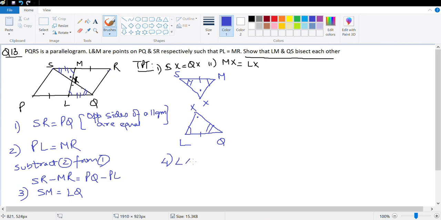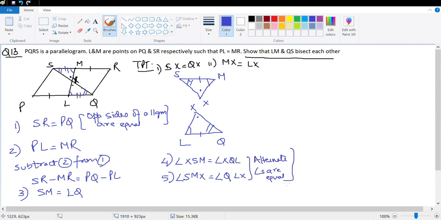So angle XSM is equal to angle XQL. Why? We will just write this. Next is angle SMX is equal to angle QLX. These are alternate angles, they are equal.